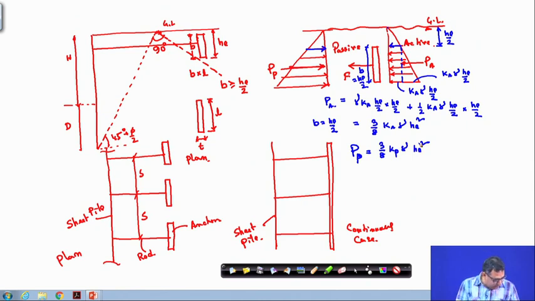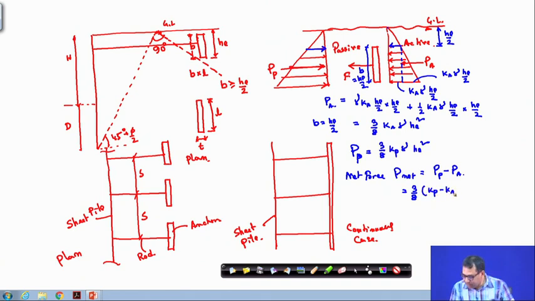Finally, the net pressure or net force, P net, is equal to P passive minus P active. So, this will be 3 by 8 (K_P minus K_A) gamma He square.